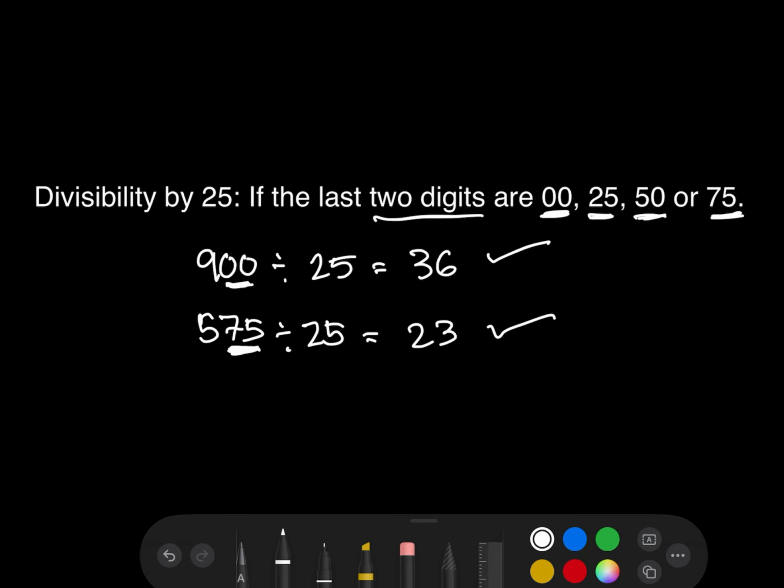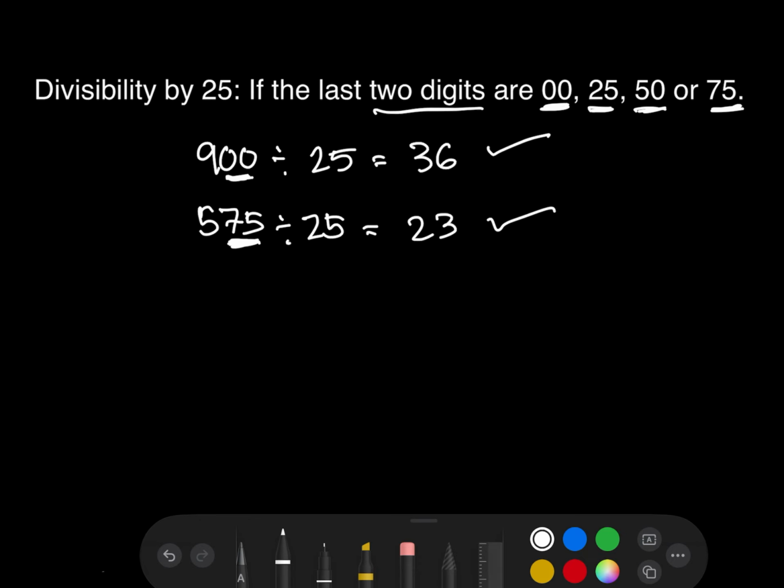That is correct, right? For the last example, if you have 4,825, the number ends with 25. So from the condition, it is divisible by 25. Let us check. That is 193, which is correct.